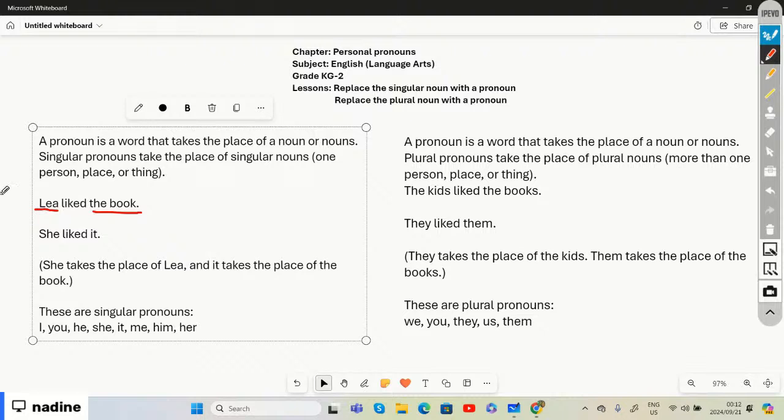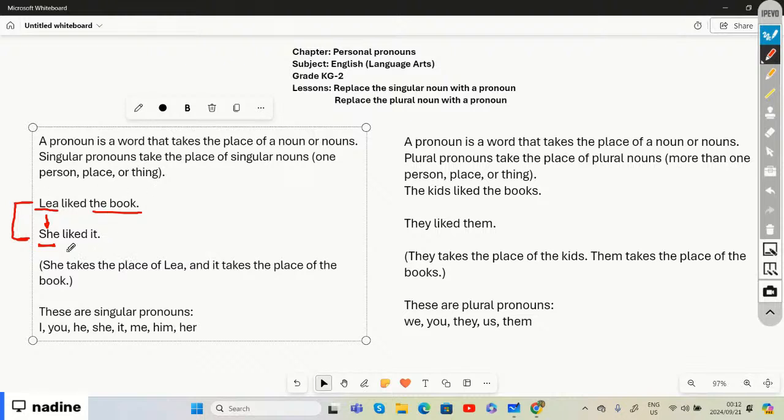But now we need to change these nouns into pronouns. Instead of saying Leah, we can say she. She liked the book.